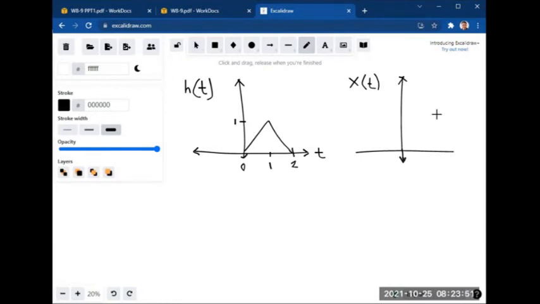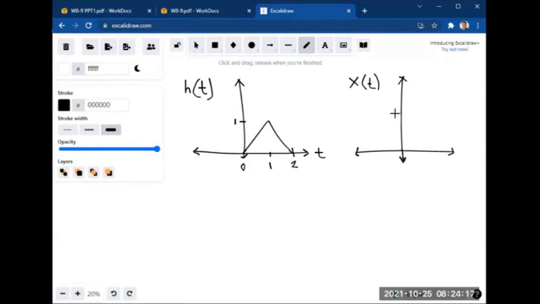For example, it can also be a switch or whatever device to activate the sensor or the system. For example, we have h of t here, the impulse response, and x of t, the input.